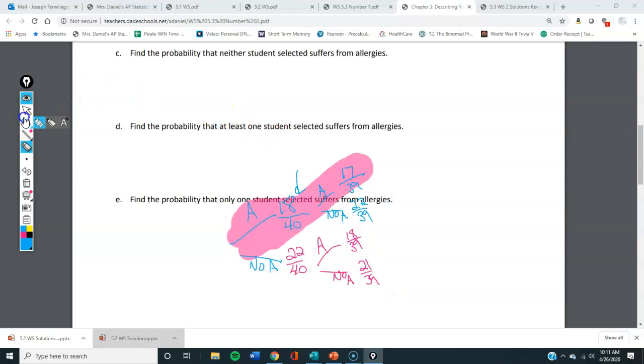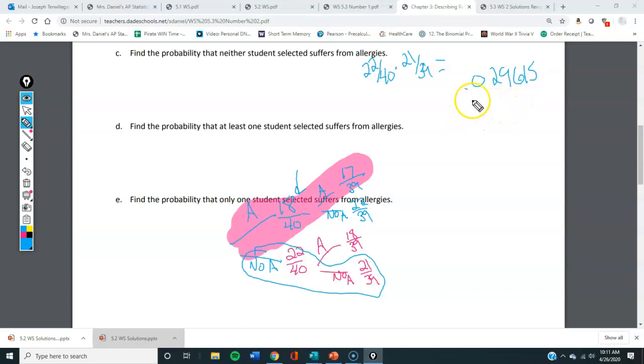Alright. What's the probability that neither student suffers from allergies? So that's a no. I said no. And I multiply those across. 0.029615.